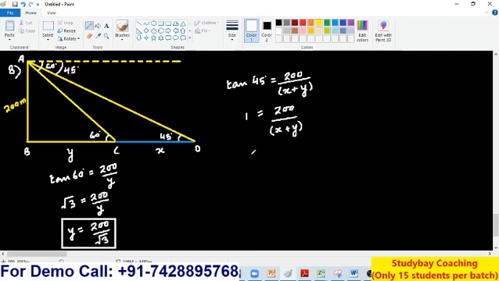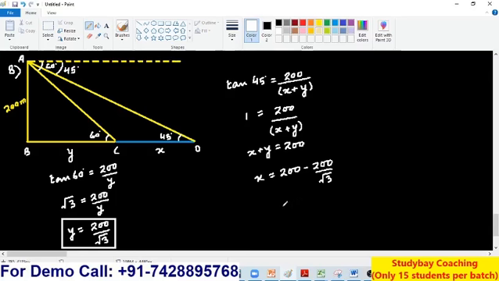Now this x plus y will be equal to 200, right? And from the first equation, you have already proved that the value of y is 200 upon root 3. So this x will be equal to 200 minus 200 upon root 3.